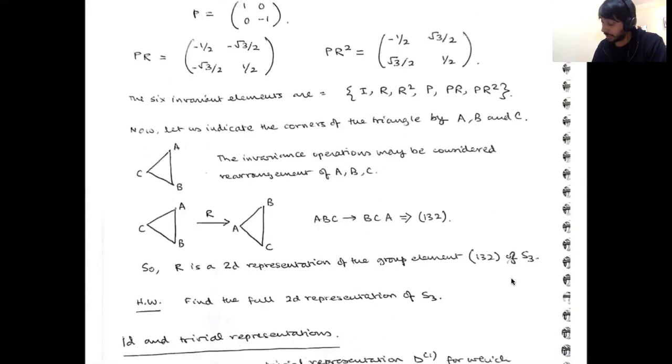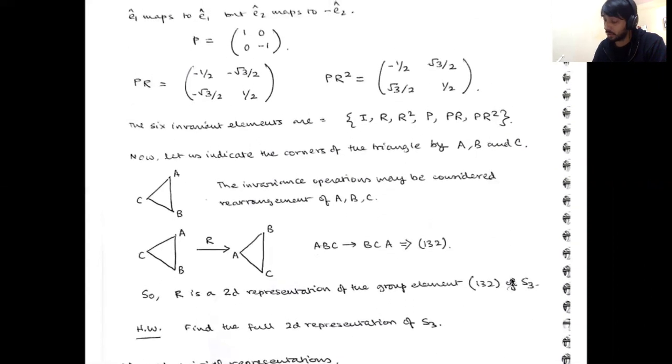Another homework for you is finding the full two-dimensional representation of S3. If this is 132, what is R squared? What is P? What is PR? What is PR squared? Find these things out.